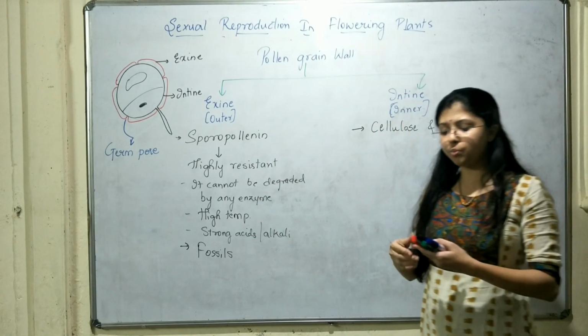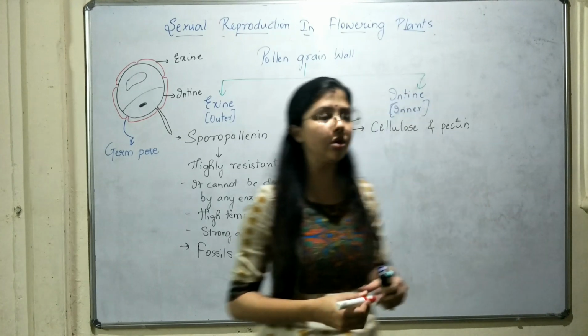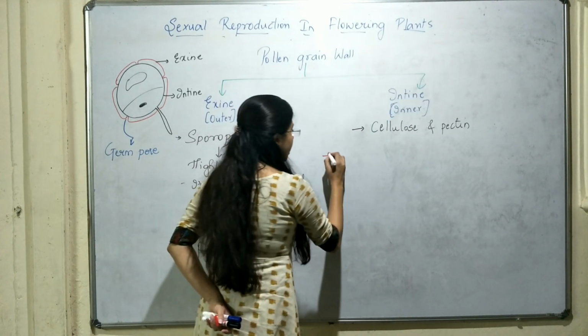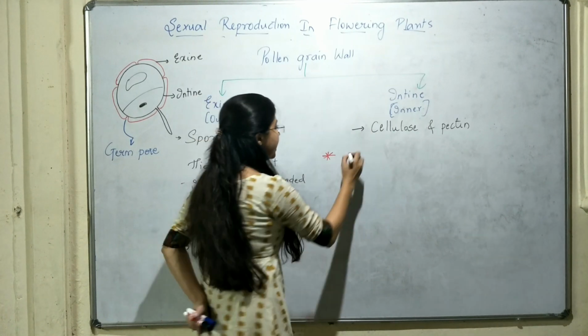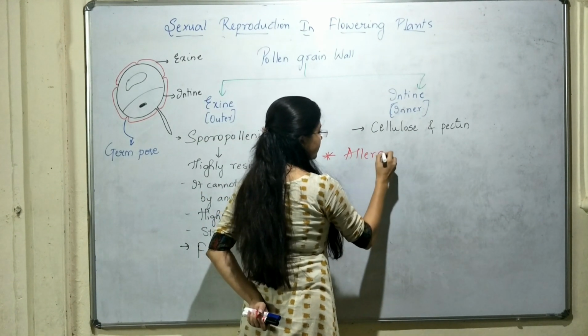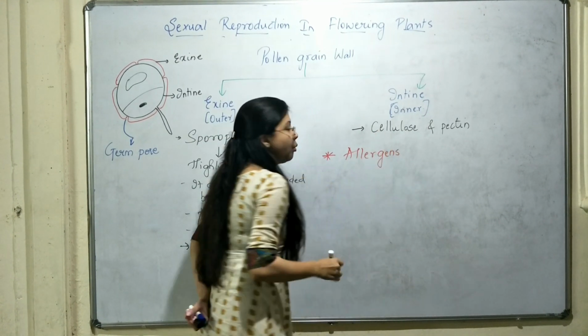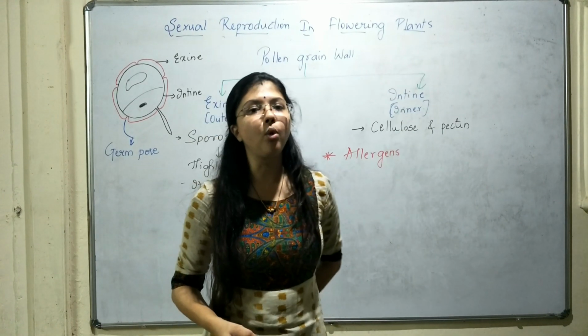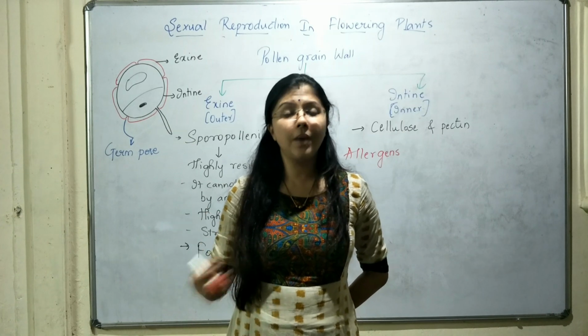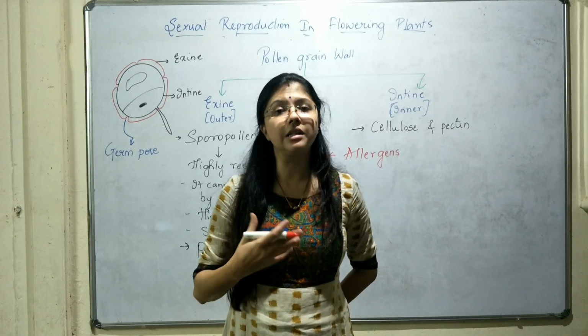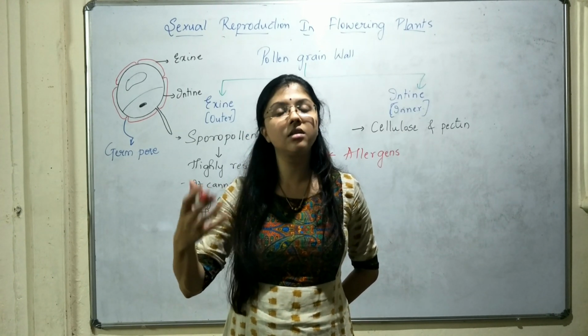Some other important points that you should know about the pollen grain is that pollen grains may sometimes prove to be allergens. Most people are allergic to the pollen grains. Whenever you go to some new place, you immediately start sneezing, and you say that it is dust allergy, right?